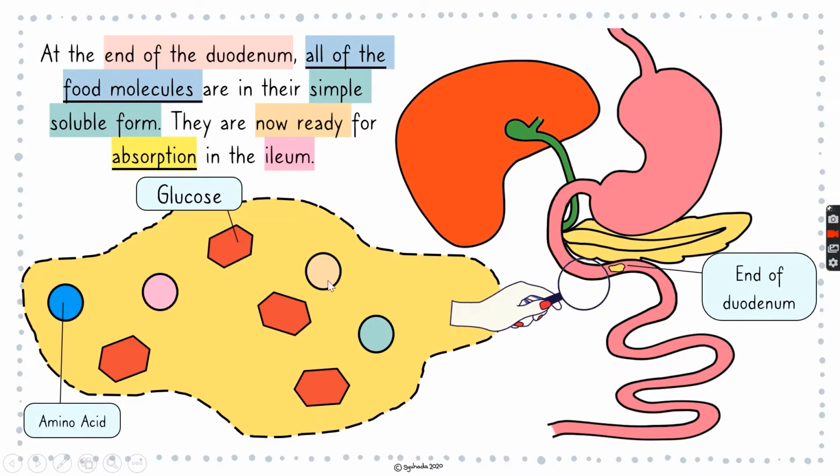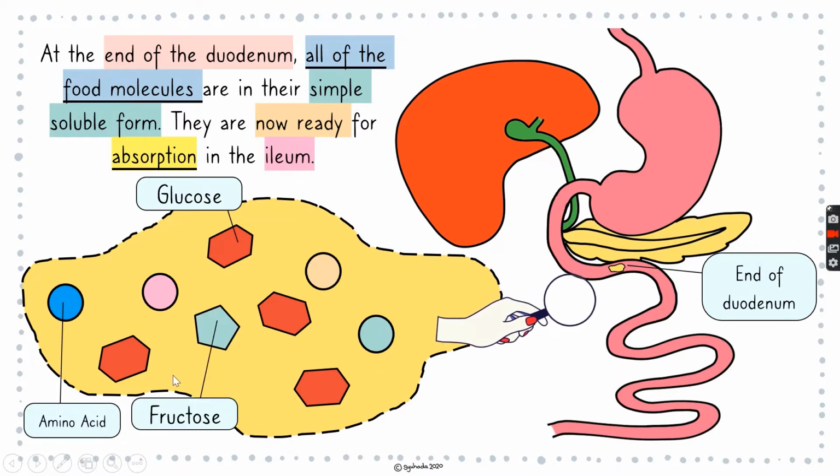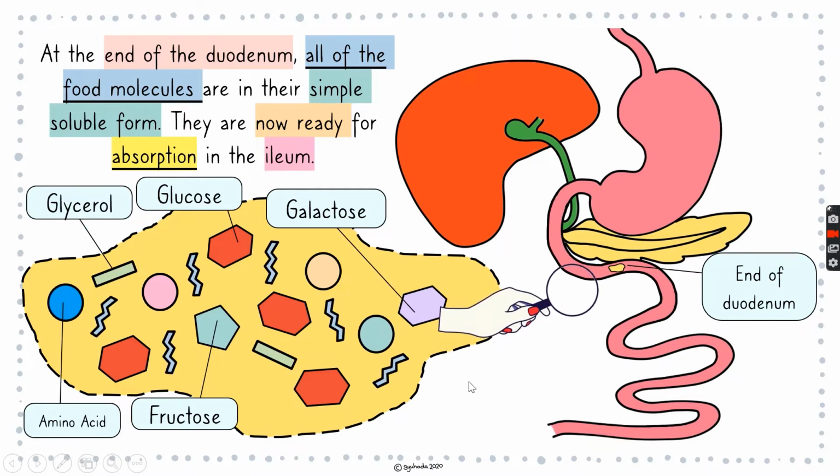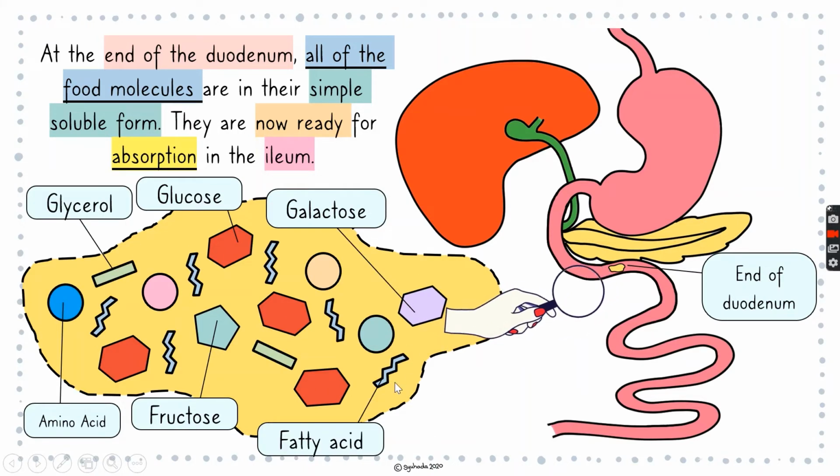So you have amino acids, individual glucose, there's fructose, galactose, and you have glycerol and even fatty acids. So these are very tiny and they are very soluble and can actually be absorbed into individual cells. So that's why you want to break down food, because you need to absorb it into the cells itself. So it needs to be very, very small.